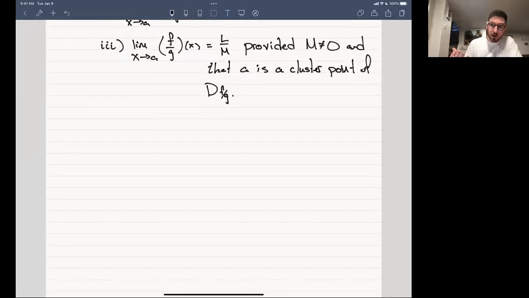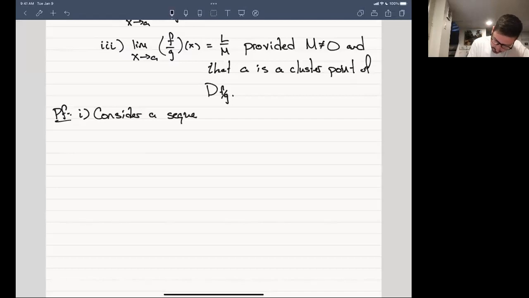Now, why is this a corollary of the previous result? Well, you can just pose everything in terms of sequences, right? Remember, we proved all of these results for sequences already. Well, now we know that we can pose limits in terms of sequences, and life is good. So let's just prove number 1. So let's consider a sequence of points, and these are going to be xn that belongs to the intersection of these two domains and does not include the cluster point a, such that xn is approaching a.